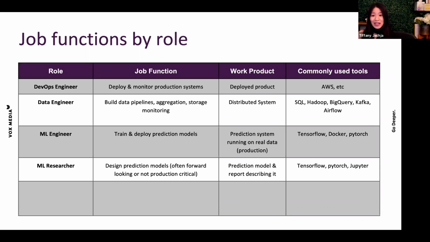That don't introduce bias. We've heard so many stories about different ML models or AI applications that are biased, right? That don't serve our communities. Instead, they cause problems. So this is the work that ML researchers typically do.